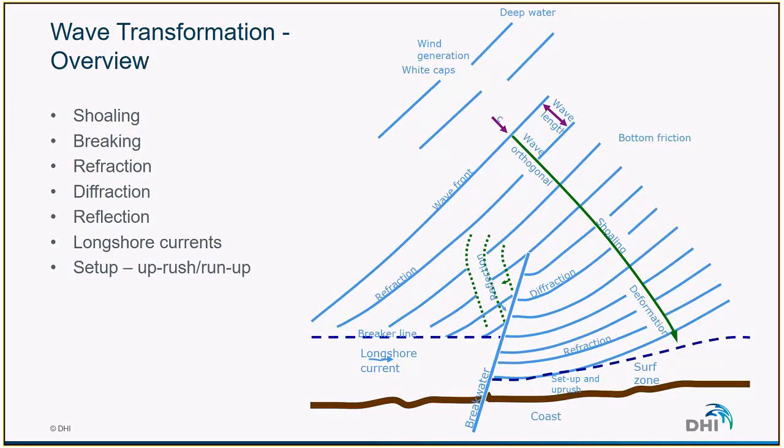When the wavefront reaches this structure, it can potentially be reflected by the structure, which will result in a wavefront in a different direction. There is also refraction occurring, and shoaling and breaking, but we will have a look at that in a bit more detail now.